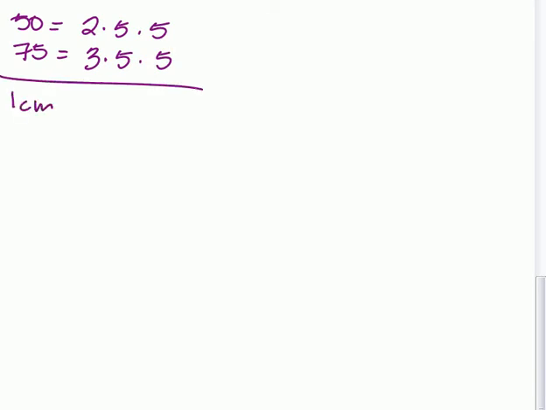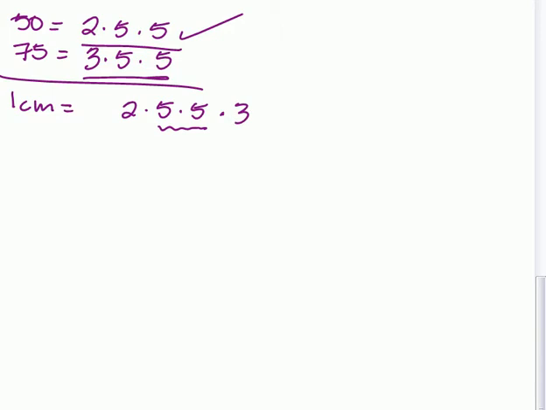So our LCM has to contain everything that we see there. It has to contain the 50, so I can write that down. We need a 2 times 5 times 5. It's there. But it also has to contain 75, so it has to contain 3 times 5 times 5. Well, do you notice we can reuse these 2 5's? They're already there, so we don't have to write them again, but we do need to get another 3.